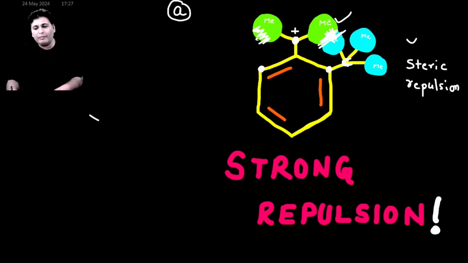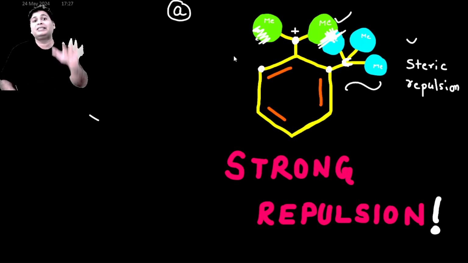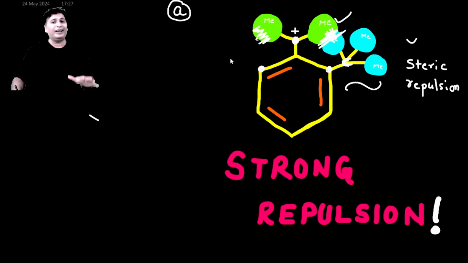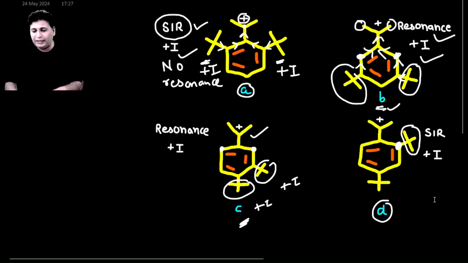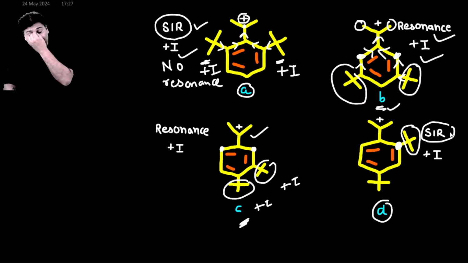Whether you put one bulky group or two bulky groups, both will introduce this situation, SIR. So if you analyze what we have been doing, the D option is subjected to SIR first of all, and second, it has plus I as usual.